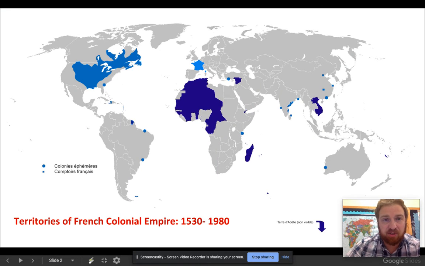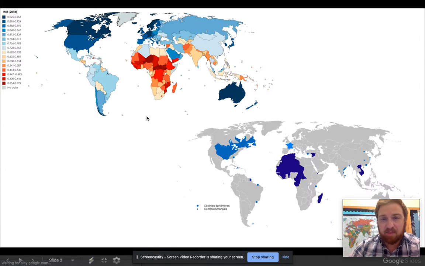So they were territories under the French colonial empire, meaning all of these regions at some point, France was the mother country, and they had full control as colonies over all of these other areas. And then we took that map, and we took the one from last week, looking at areas in the red here that seem to have lower levels of development in terms of literacy rates, life expectancies, GDP, and other things about their economy.